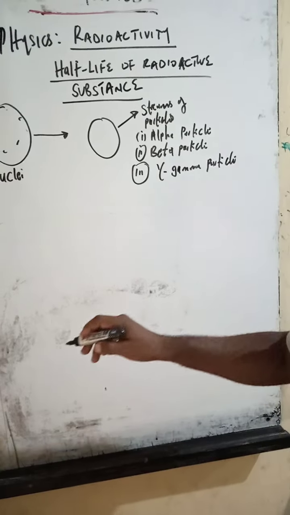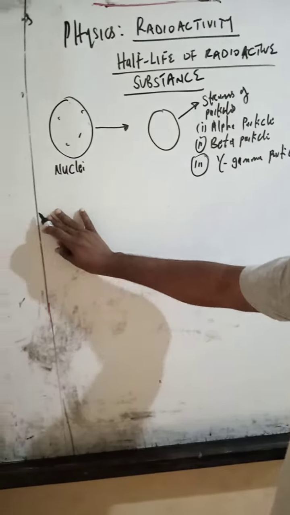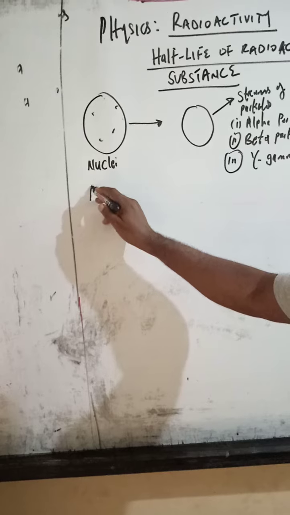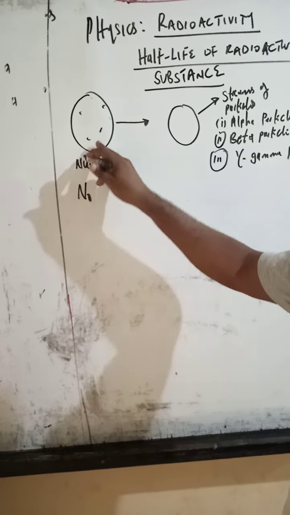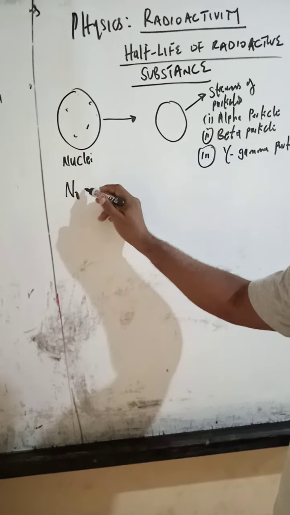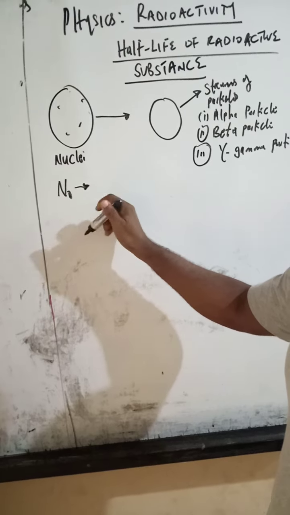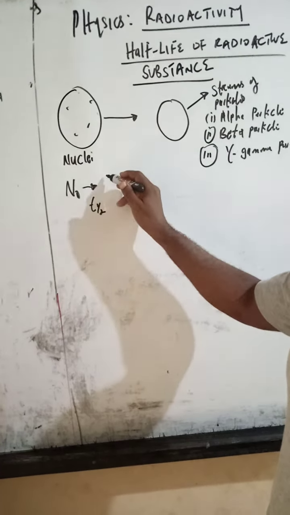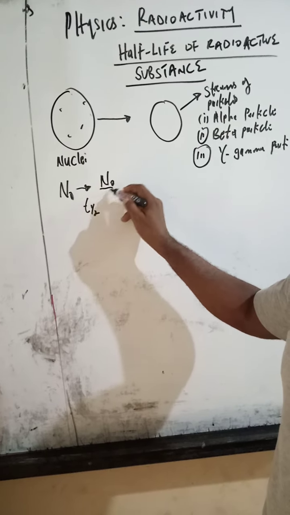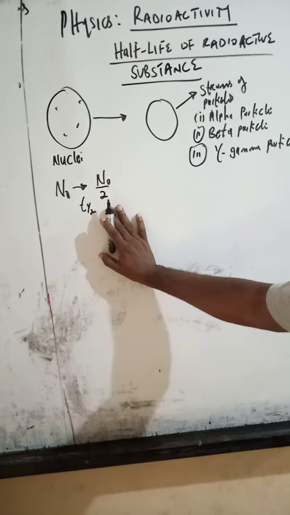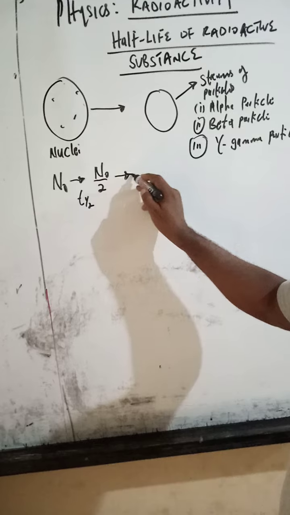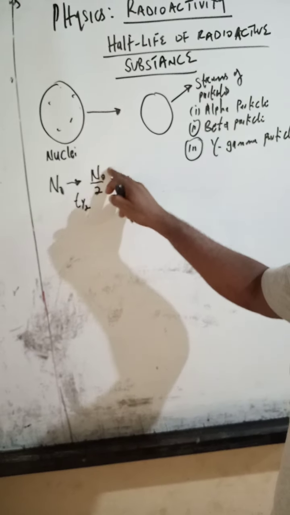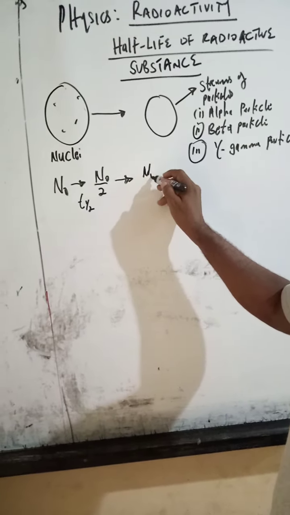So now, for instance, let me say I have an initial N number of this radioactive substance. It will take a certain period of time called the half-life for this substance to disintegrate into half of its value. So the next step is that half of this number will become this.